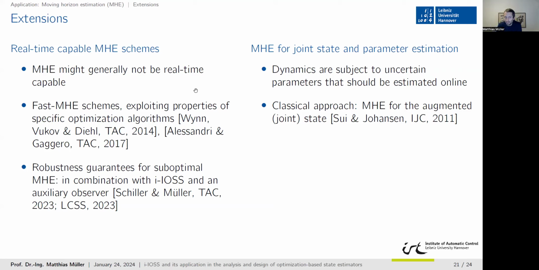But the resulting conditions, which include, of course, some persistency of excitation condition, since otherwise parameter estimation is not possible, or not easily possible, are very difficult to check a priori.